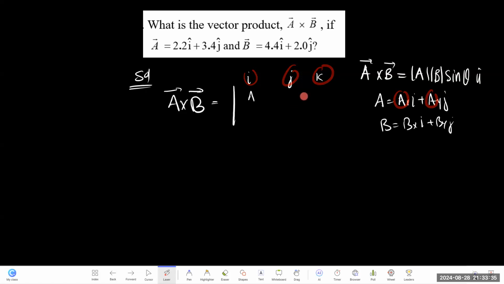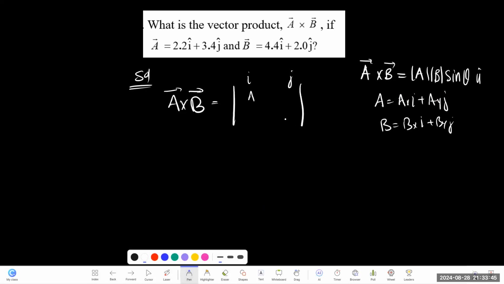But since in this problem k is not really given, I'm going to keep it to I and j and ignore this k.